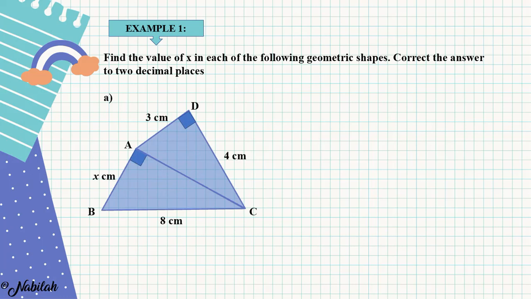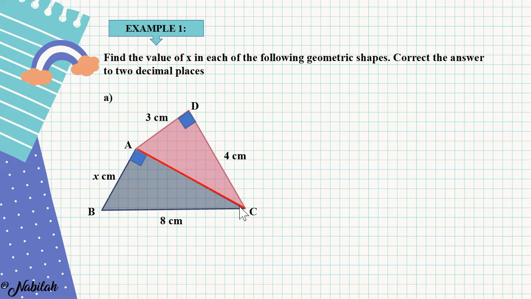Now we want to find the value of x. So this is x. How to find the value of x? If you want to find x, you must know the length of AC. How to find the length of AC? We can use this triangle. This triangle, the red one, is a right-angled triangle.